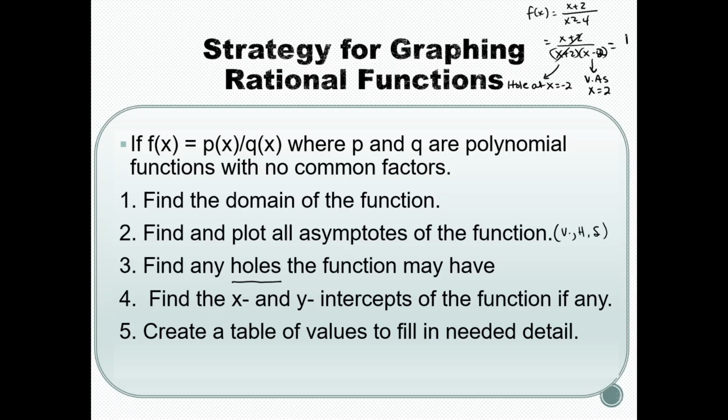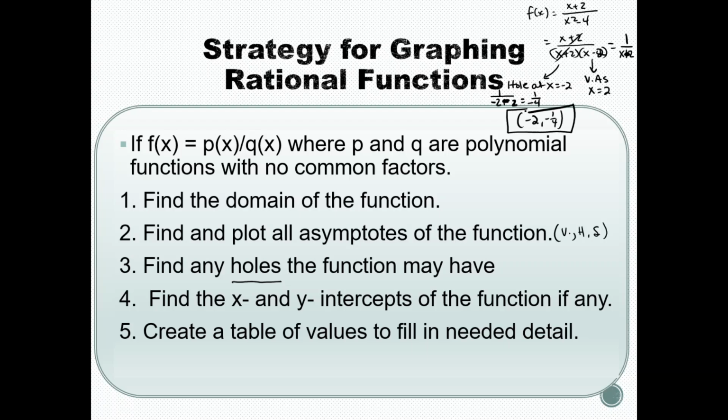And then once I reduce this function, I can find the hole by putting it in 1 over x minus 2, which gives me 1 over -4. So the hole is actually at this point.